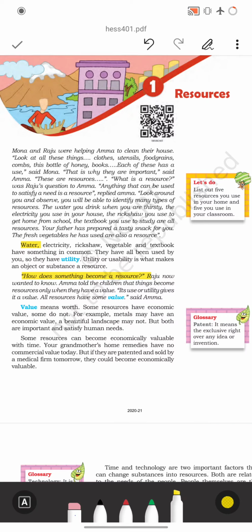Like your grandmother will give you a remedy for your cough. That is all not commercially valuable today. But if they do proper work on that, they will become economically valuable.